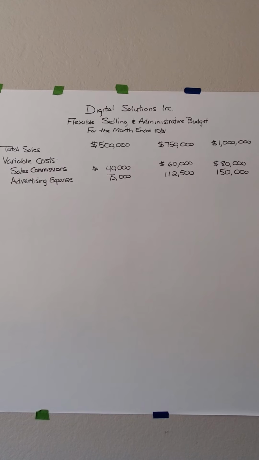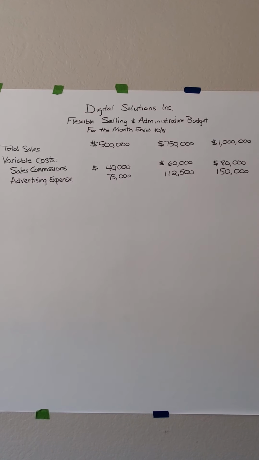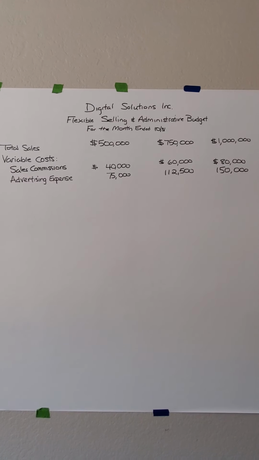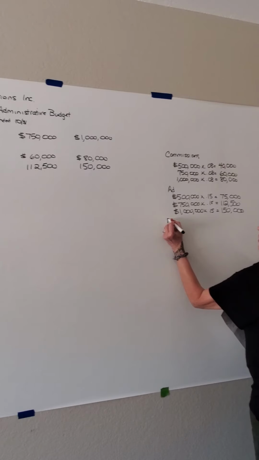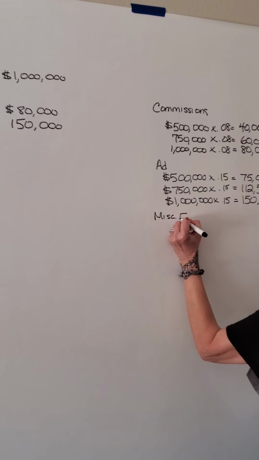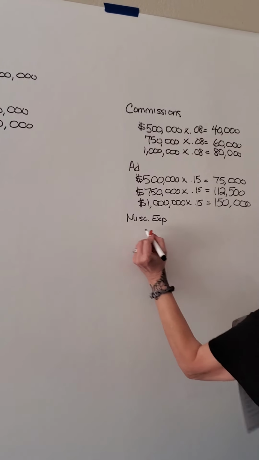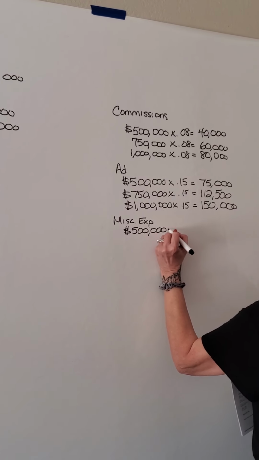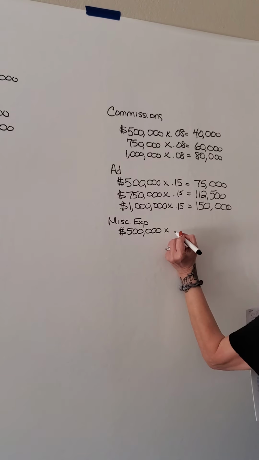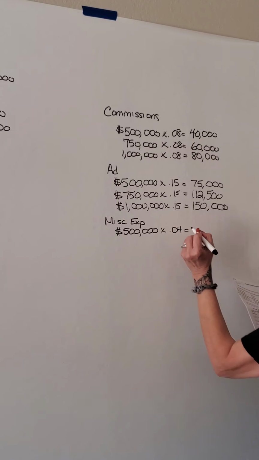So the next expense that comes up is miscellaneous administrative expenses. Now there's a fixed component of $10,000 and a variable component of 4% of sales. So I'm going to put miscellaneous expense here. When sales are at 500,000, the variable component is, we're going to multiply that times 0.04.